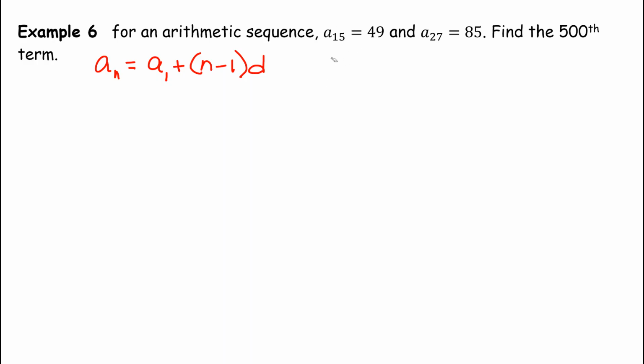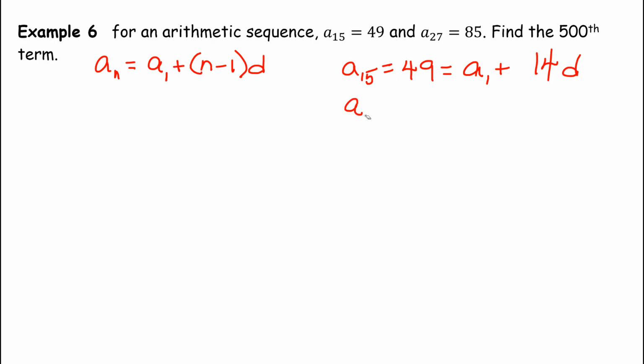So we know a sub 15 is 49, and since it is a sub 15, it's going to be a sub 1 plus n minus 1 times d. In this case, that n minus 1 is 14. So 49 is a sub 1 plus 14d, because that's the 15th term.